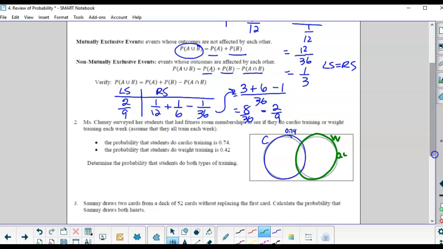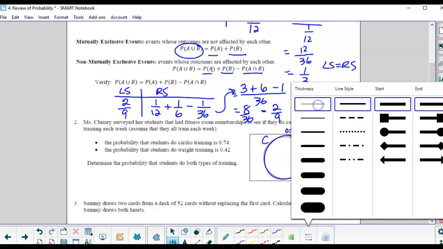The whole circle is 0.42, but the total is 1, right? Total probability, because they all do at least something in the week. So, and if you add these up, you get more than 1. So there's this overlap here, okay?